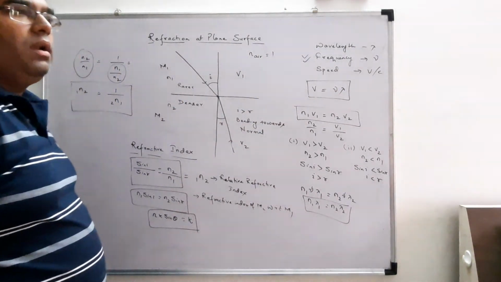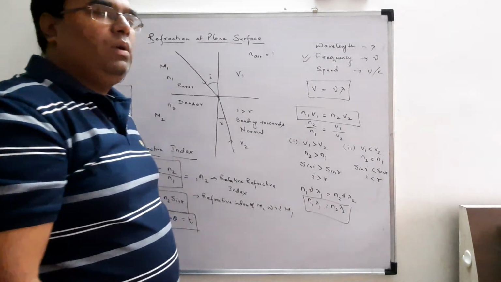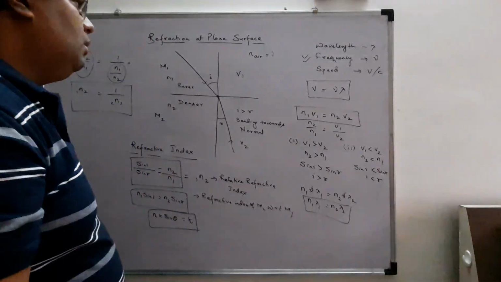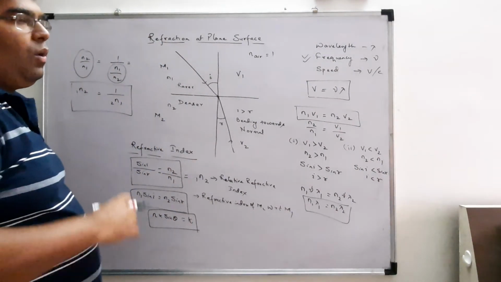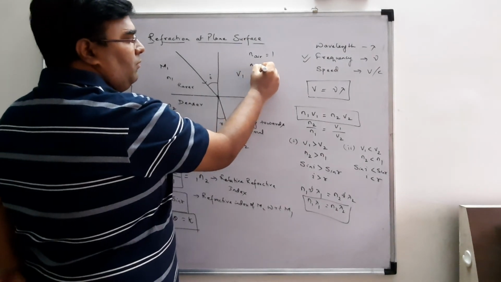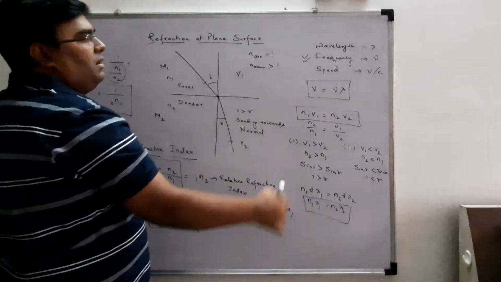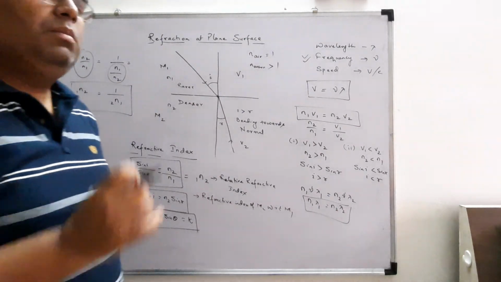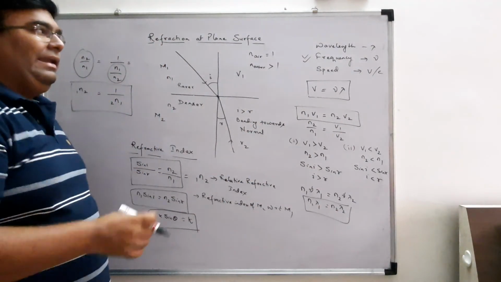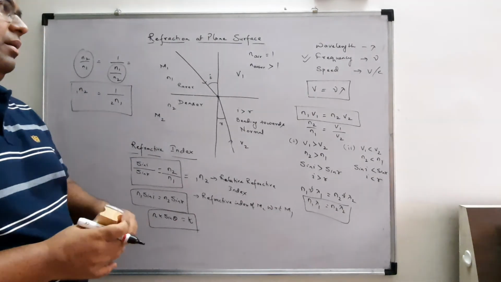We take it as 1. Basically it is 1.003, but for calculation purposes we take it as 1. And for all the other mediums it is always greater than 1. Remember this: the refractive index will always come greater than 1 for other mediums.